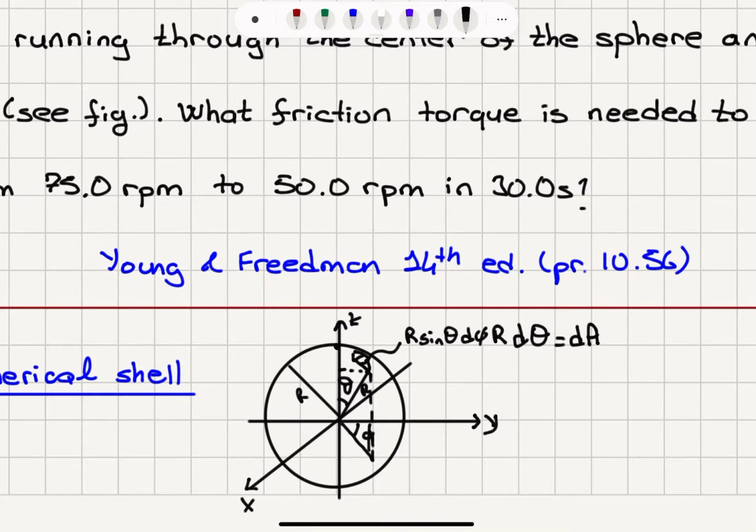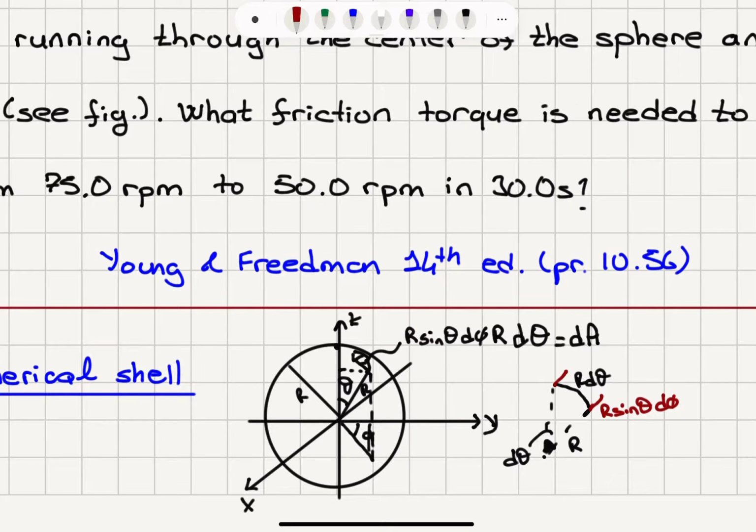For the rotations about the center, if this is our capital R, this is our angle d theta, r d theta, and then for the other dimension we would have rotation for the projection of r on the xy plane. That would give us r sine theta d phi.